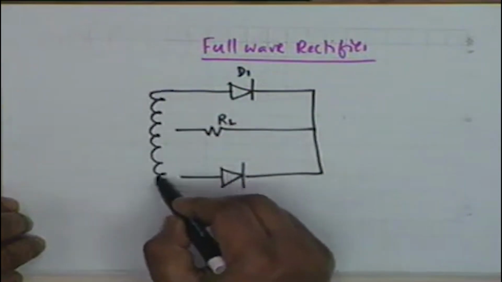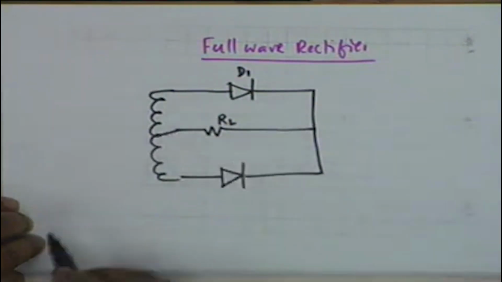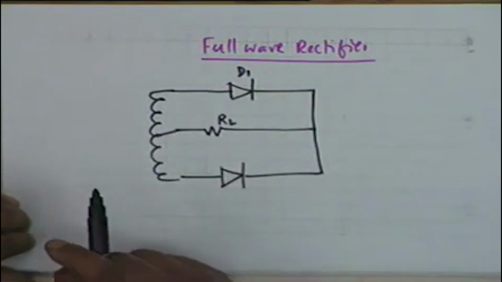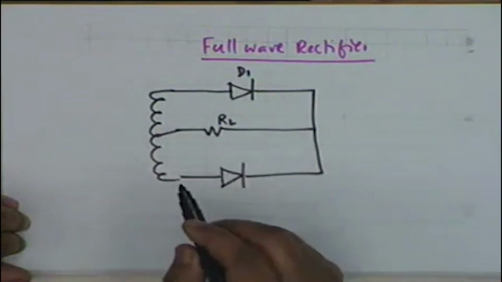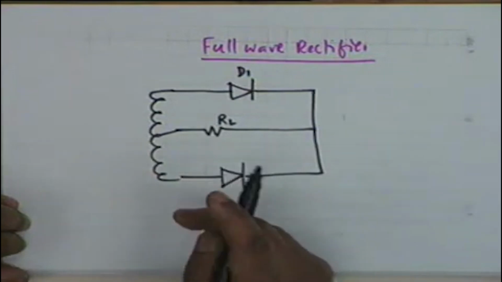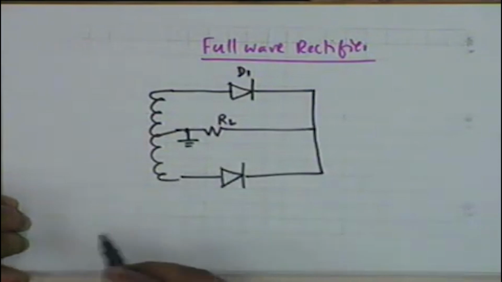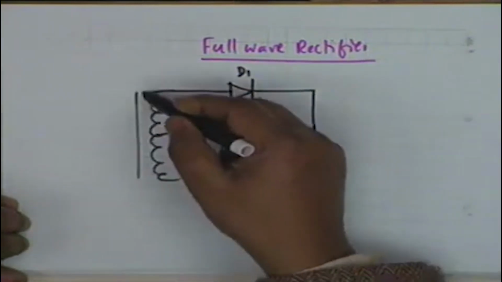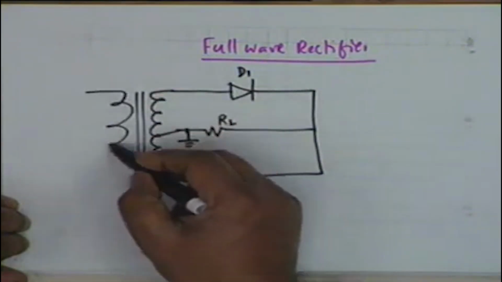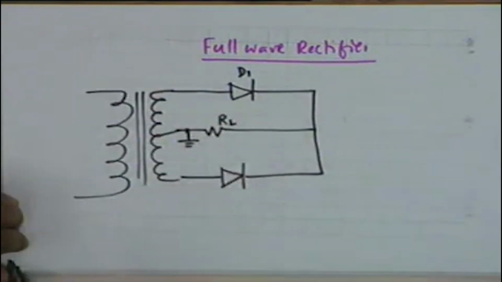You have a transformer here and the load is connected to the center point of the transformer, which usually is connected to ground, but it is not necessary that it is. Usually this point is connected to ground, and the primary of the transformer is the usual circuit, 230 volt 50 hertz.